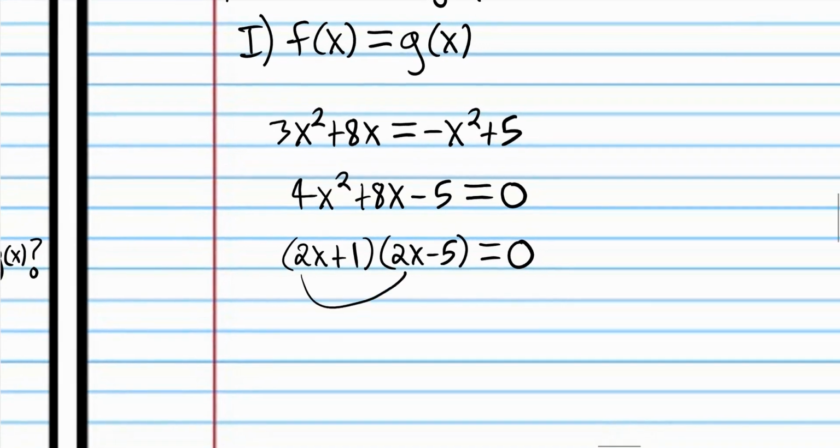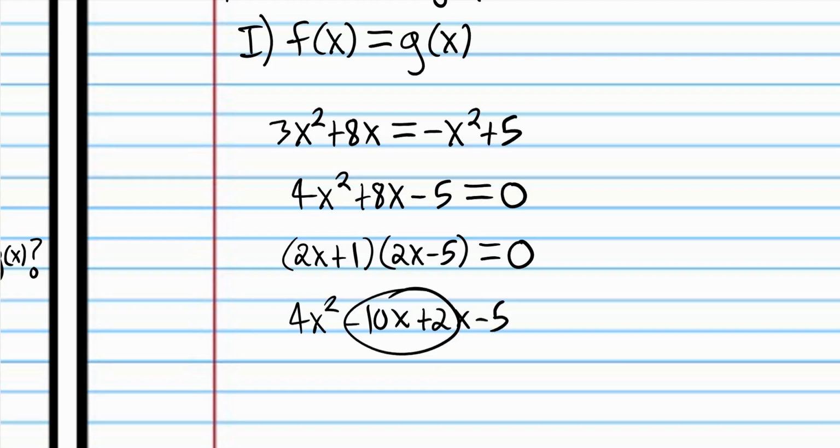So F of FOIL is 4x squared, O of FOIL is negative 10x, I of FOIL is 2x, and L of FOIL is negative 5. Combine these and we get negative 8x. Well, we got the right number, we just got the wrong sign, so we just have to change the sign. So I'm going to change that first sign to a negative and the second sign to a positive.